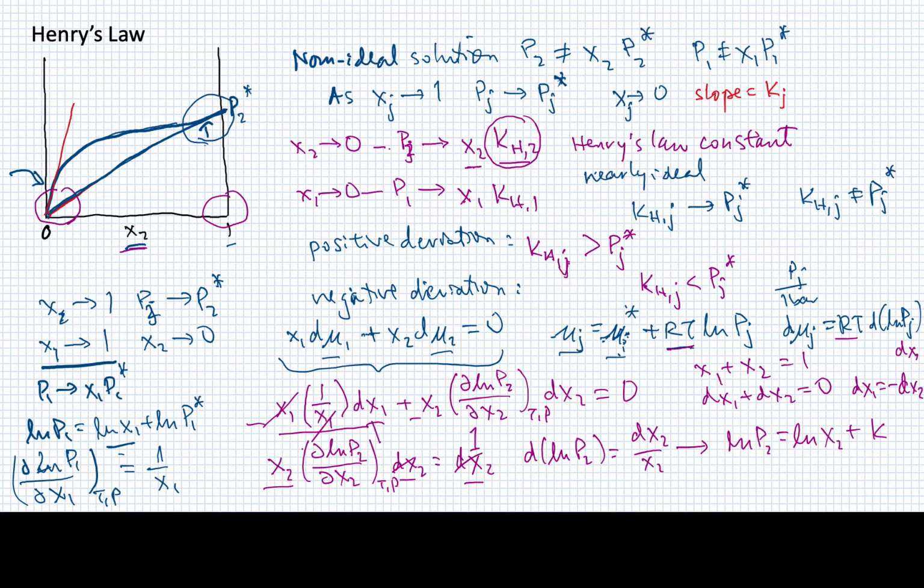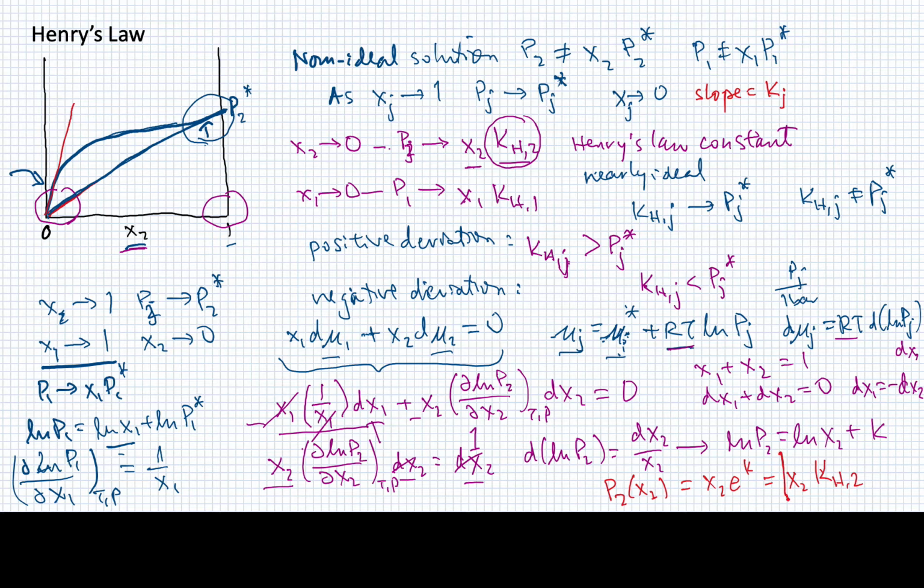When I undo the logarithms here, what I'll end up with is an equation that says p2 as a function of x2 is equal to x2 times e to the k. But I can just make e to the k be another constant, and in this case I'm going to make it the Henry's law constant.